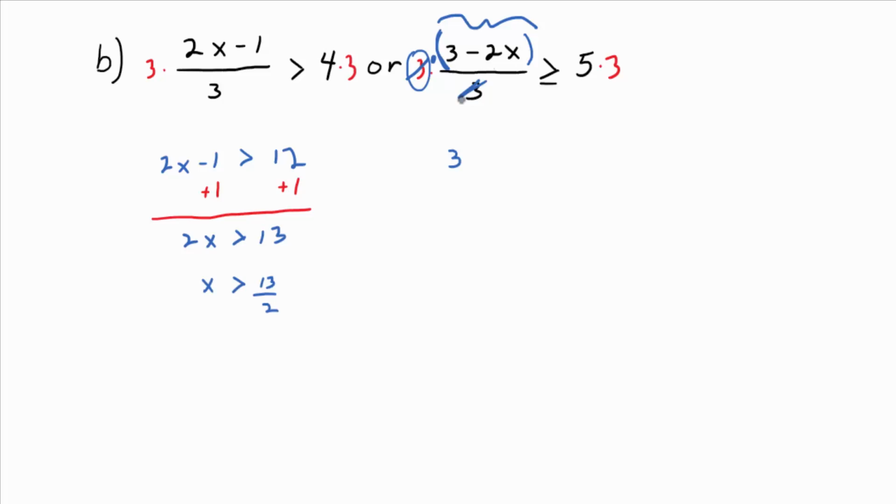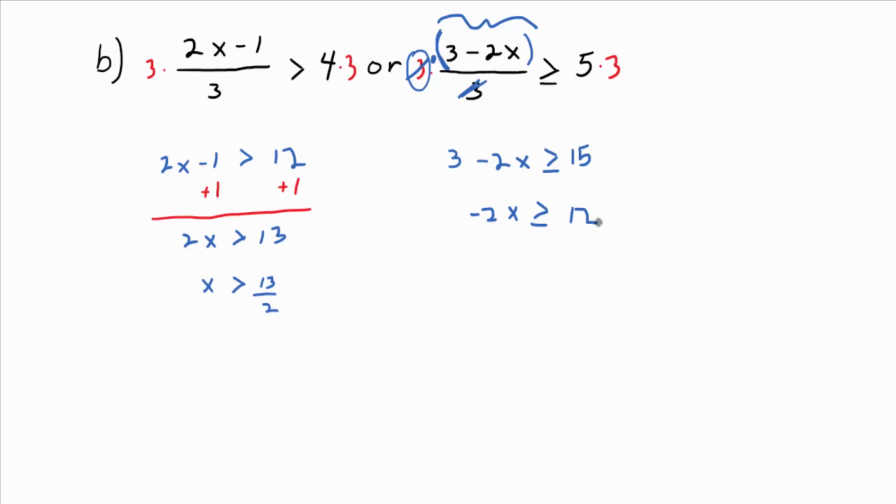3 minus 2x is greater than or equal to what? 15. All right, finish that one up for me. So subtract 3. What does that give you? Go ahead and finish it up for me. Don't shout it out yet. I want everybody to have a chance to write it down. See if you remember what to do here.